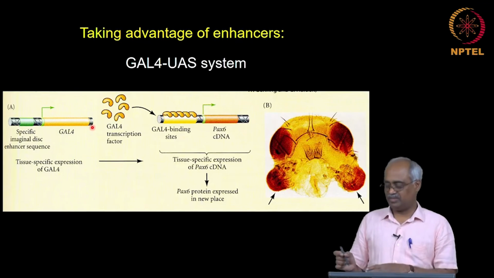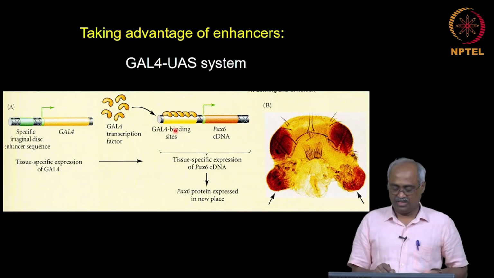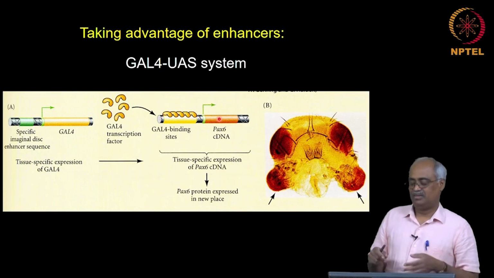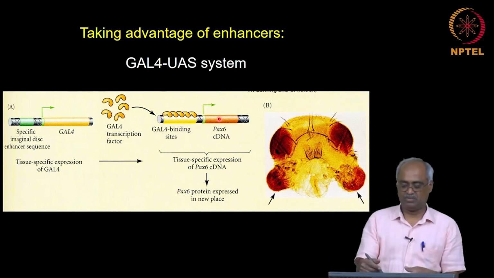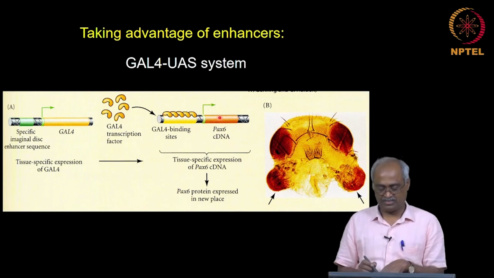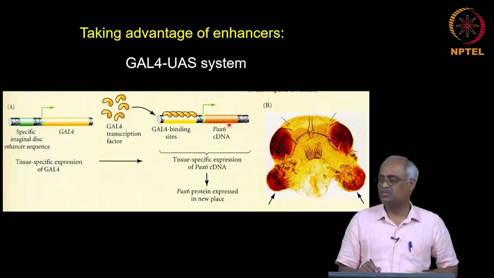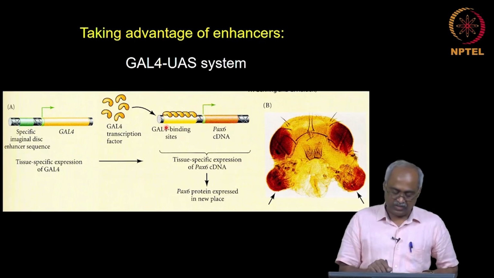Now you have another strain where, upstream of your gene of interest, or the gene itself being a transgene, for example PAX6 taken from the mammalian system and put here, you express it under the control of the promoter where GAL4 binds.